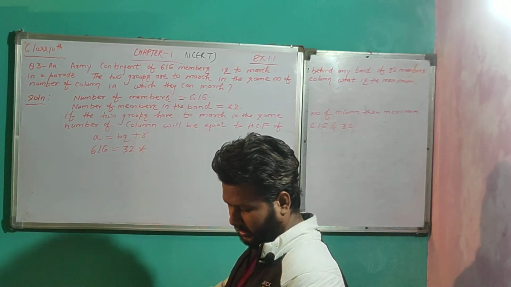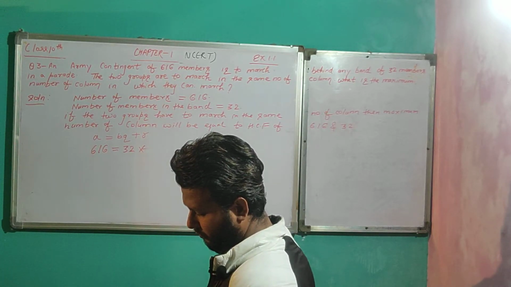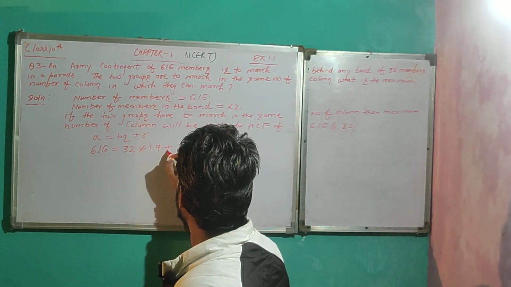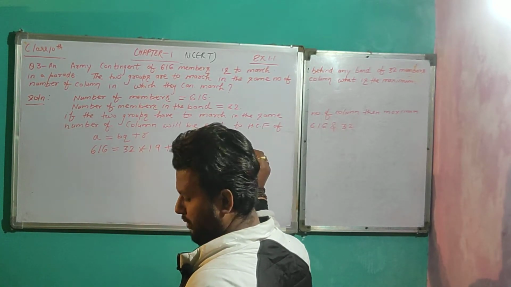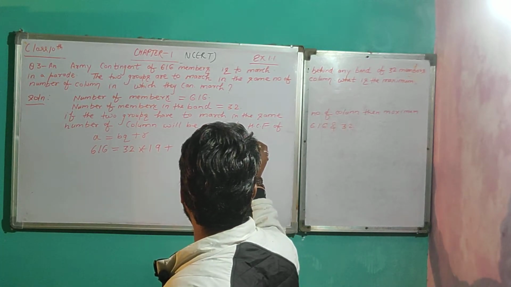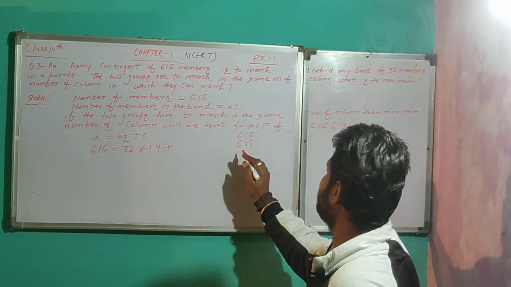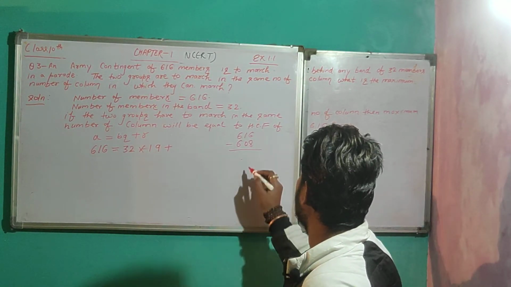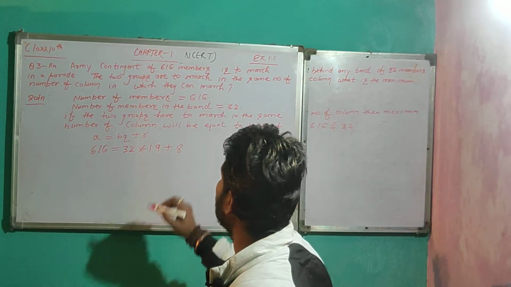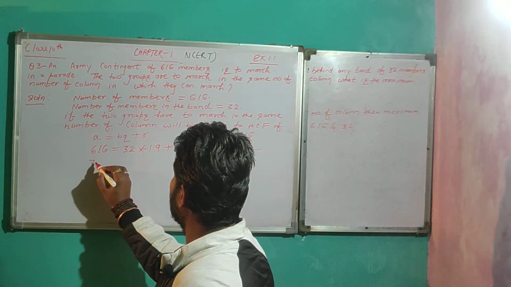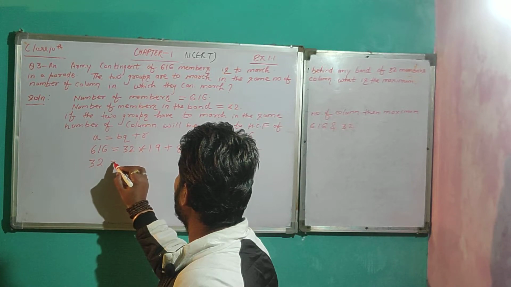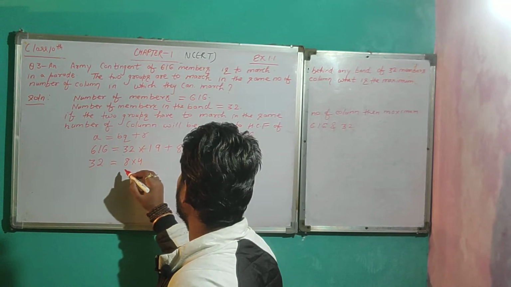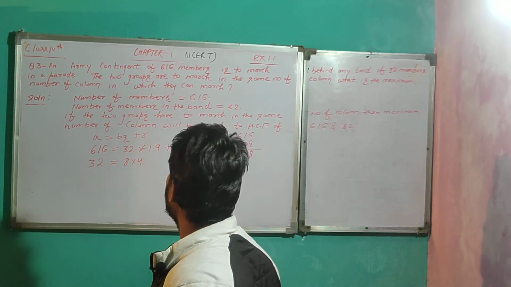Therefore, 32 into 19 is 608. Subtracting 608 from 616, we get 8 remainder. Now again, putting the value of a as 32 and the value of b as 8, q is 4.